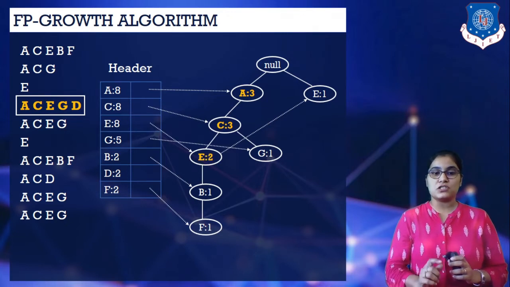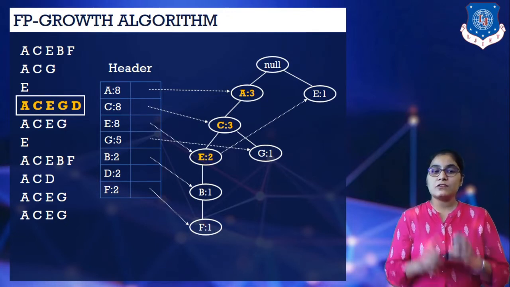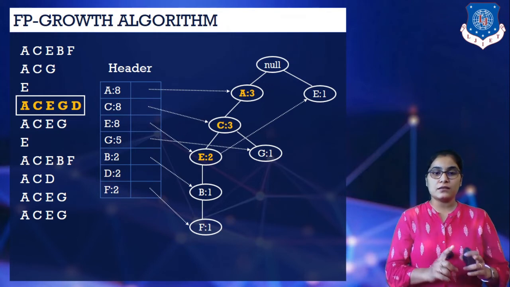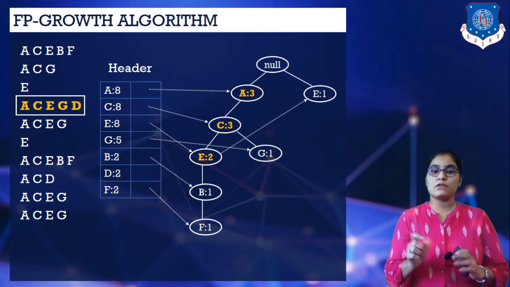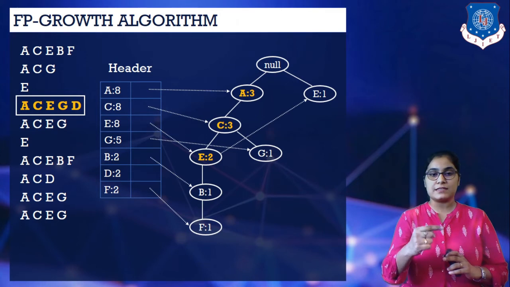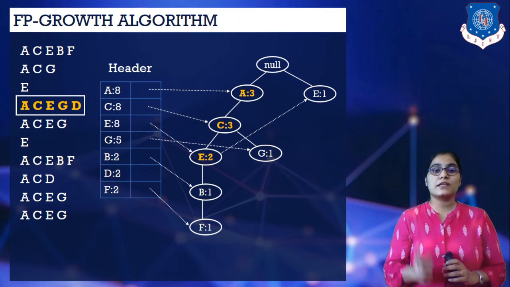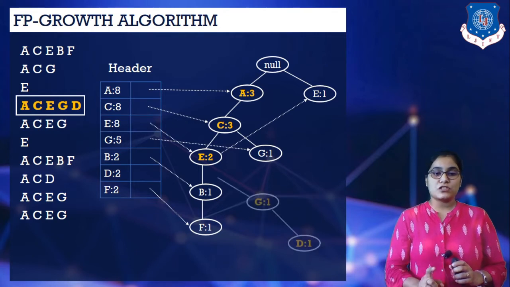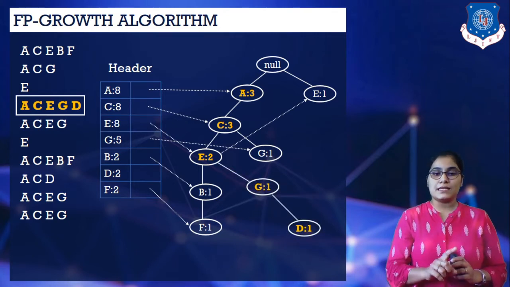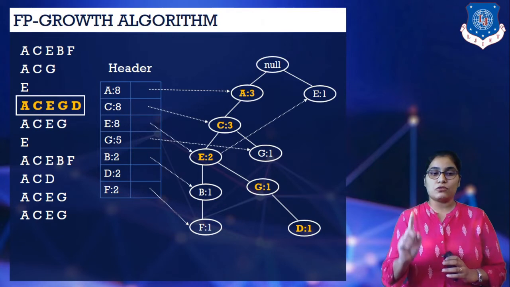Now check for G. Do we have a direct link from node G to node E? No. In this case, we have a node G which is linked with node C, but not linked with node E, and that is why we need to create a new node which is linked directly with node E and initialize it with the count of 1.